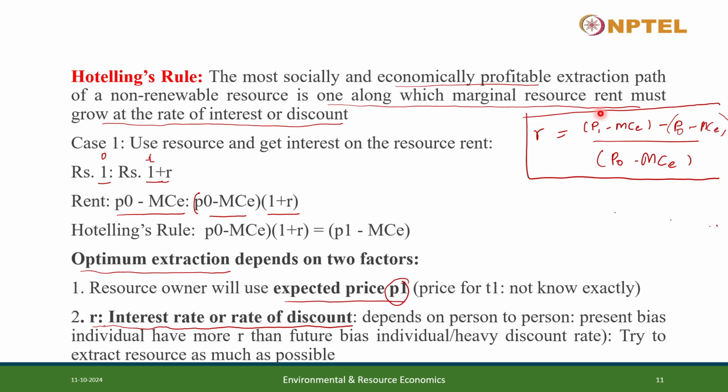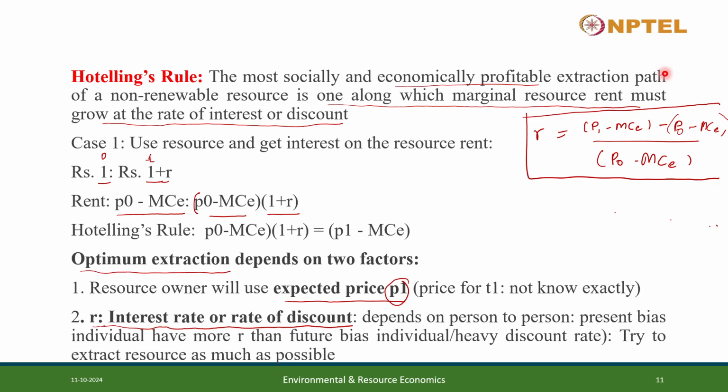So it is similar to what we have derived here. This marginal resource rent, that is P minus marginal cost of extraction, should grow at least at the rate of discount. If this is being followed, then we are at the optimal extraction pathway. Otherwise, we are not at the optimal extraction pathway.